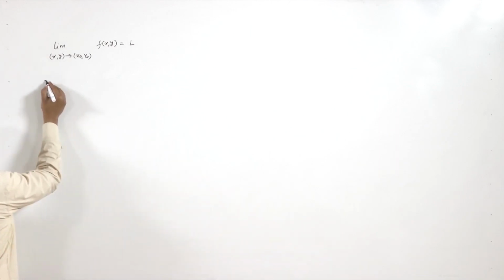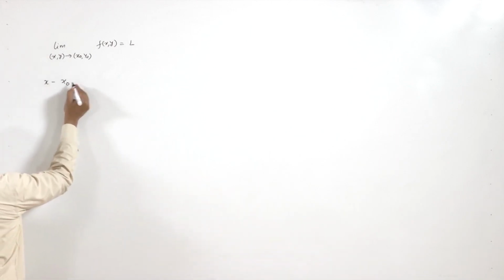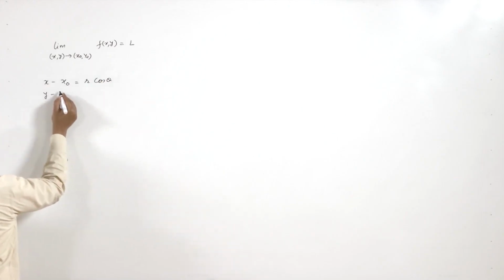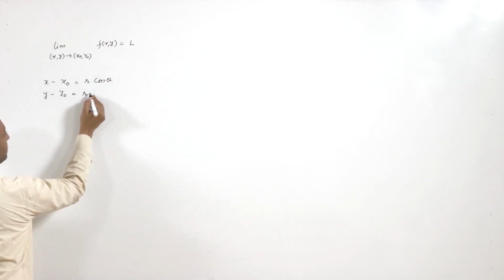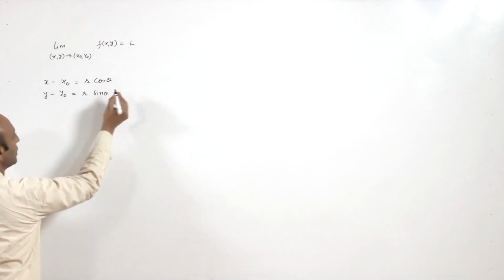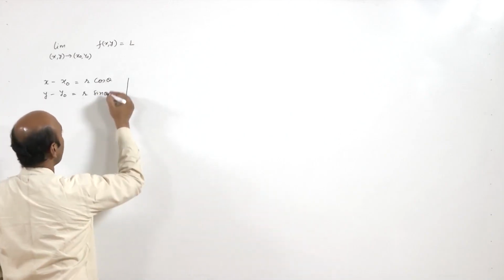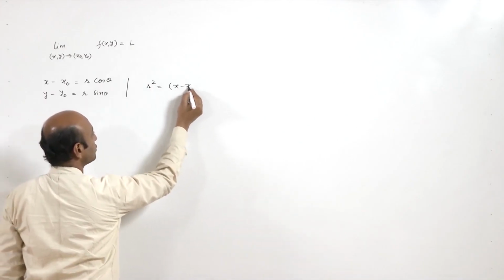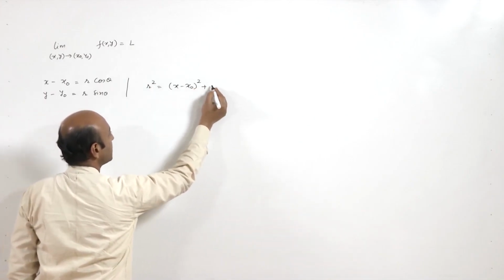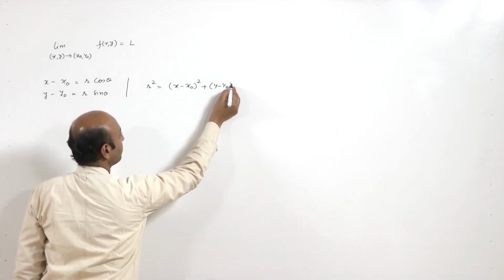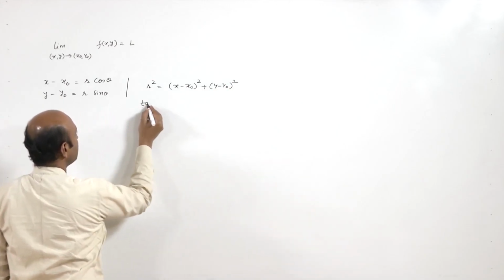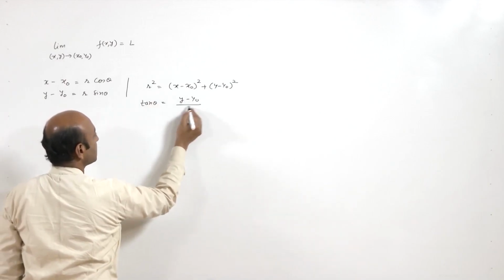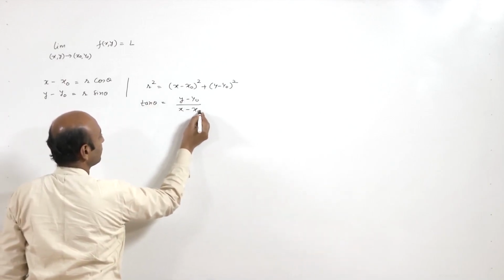You simply take x minus x naught as r cos theta, y minus y naught as r sin theta, where if you square and add, it is simply r square equal to (x minus x naught) whole square plus (y minus y naught) whole square, and tan theta is equal to y minus y naught upon x minus x naught.